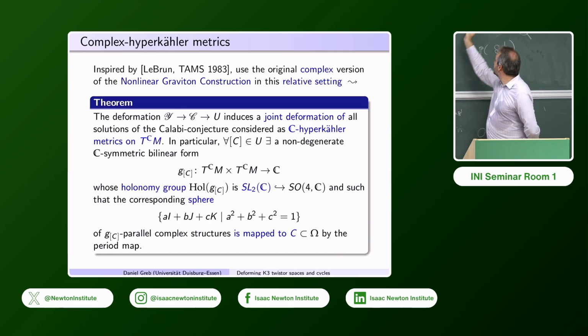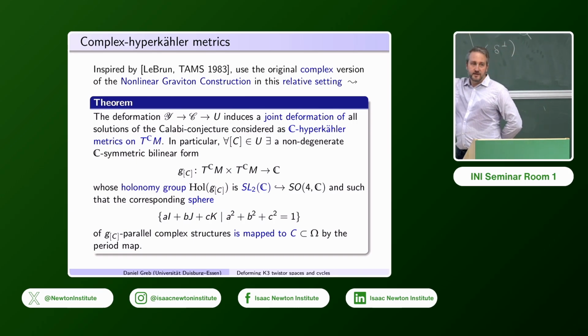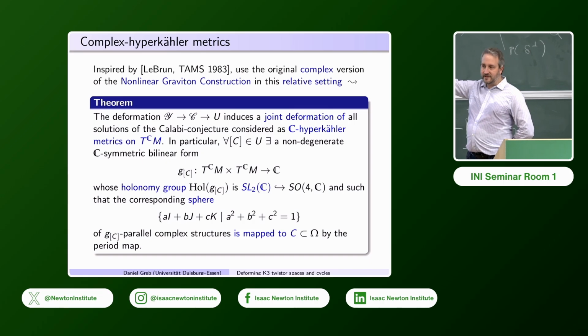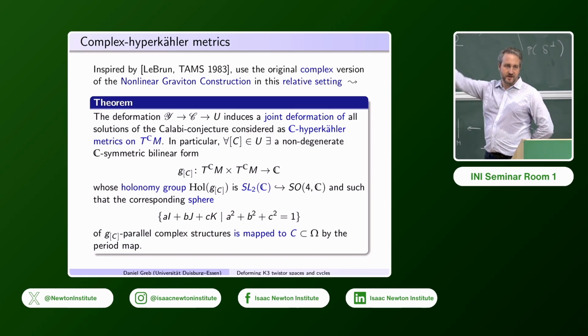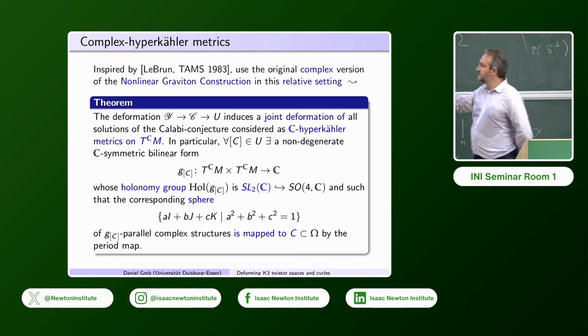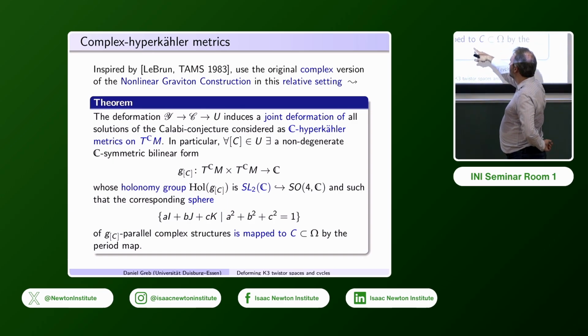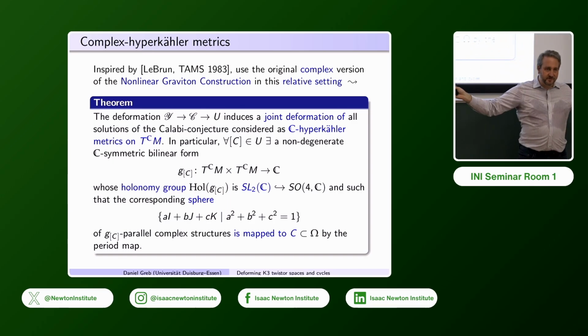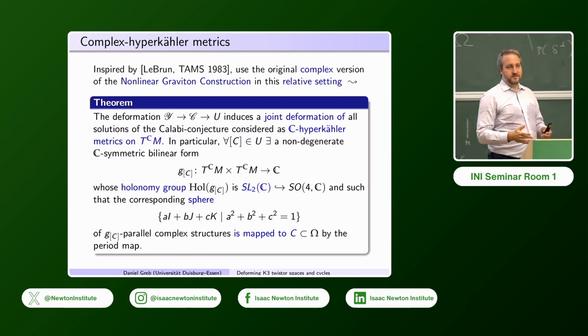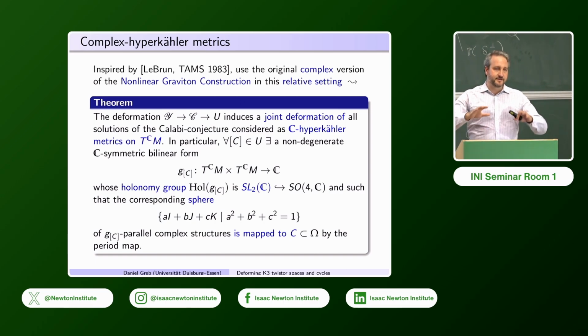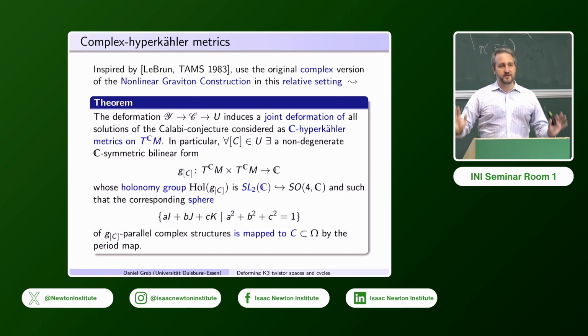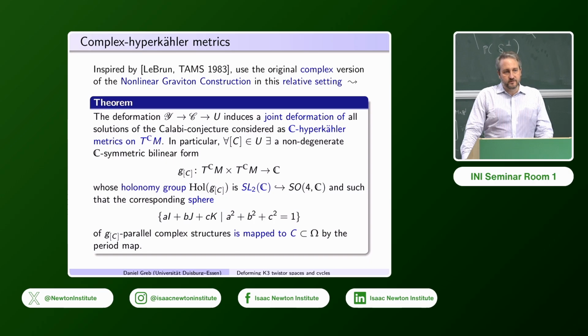The question is, if you deform it a little bit, what is the relation between the complex structures given by the points on the cycle? One answer is that there is this complex hyperkähler metric simultaneously taming all of them, such that this is the twistor family for this complex hyperkähler structure. Everything deforms unobstructedly in the right dimensions, and at least for small deformations, you have everything under control.